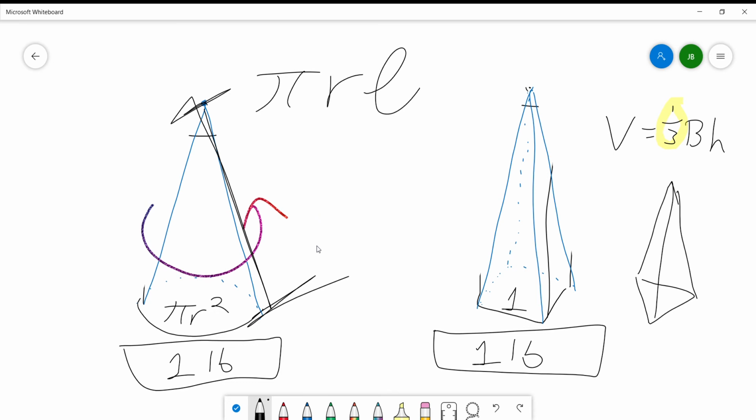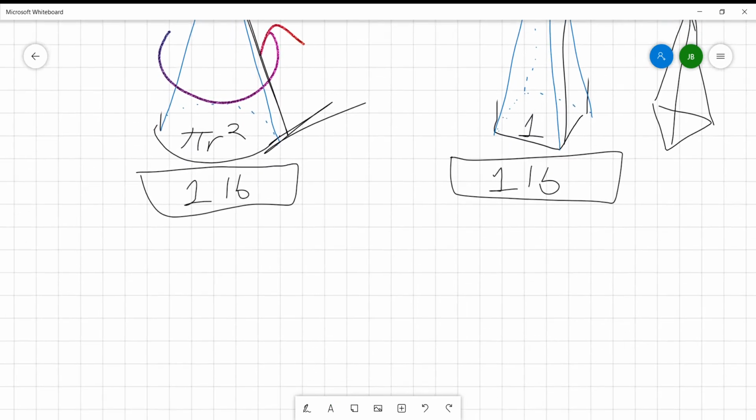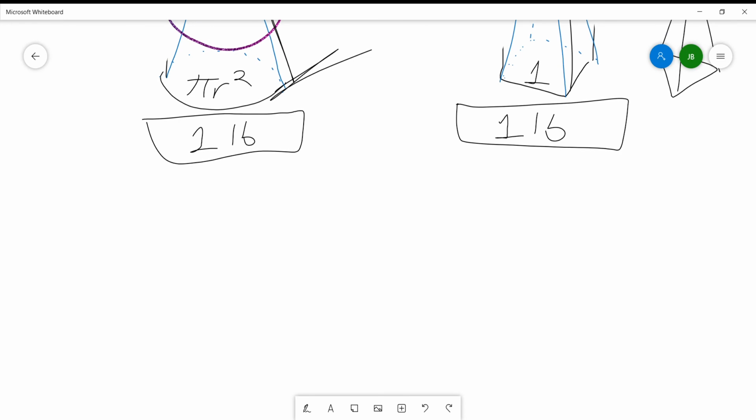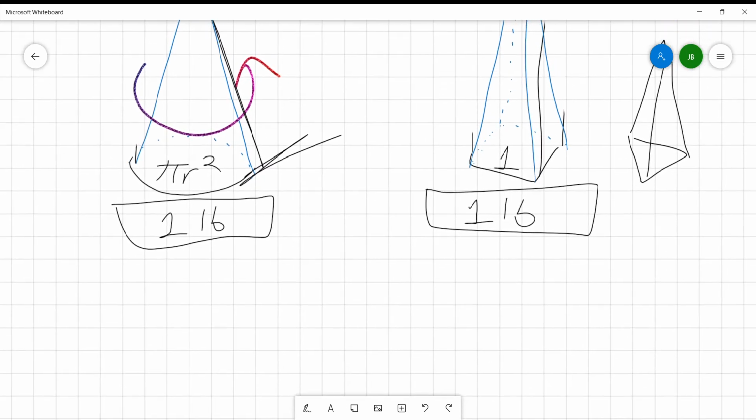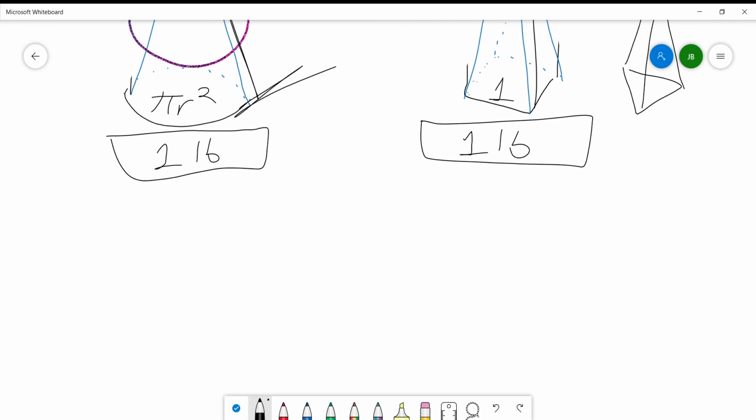Spheres, you guys. Spheres, straight up just memorize. I got nothing for this either. The interesting thing is we still, just like the pyramid and the cone, have a third involved, which I wonder why that is. So we have the sphere, they do the little belts around it to show you it's in 3 dimensions.